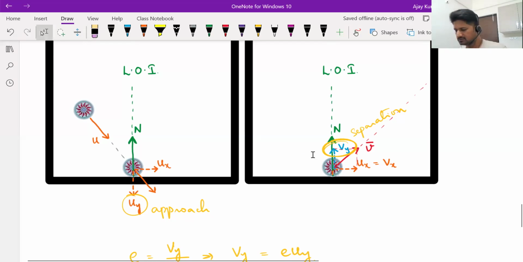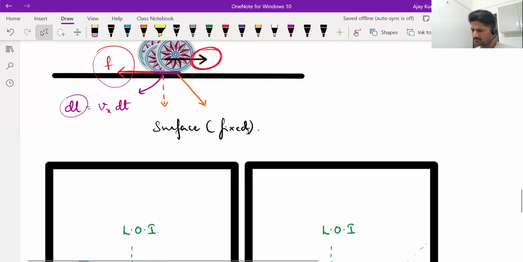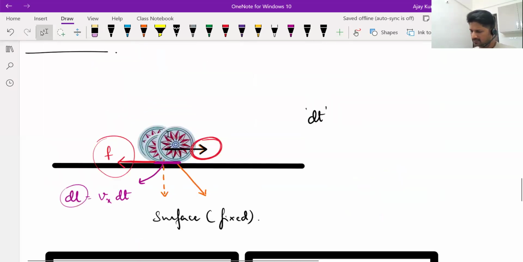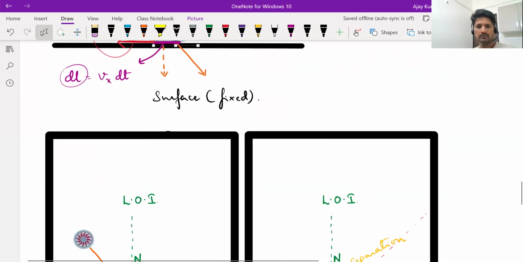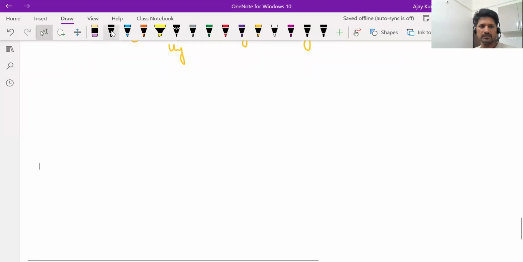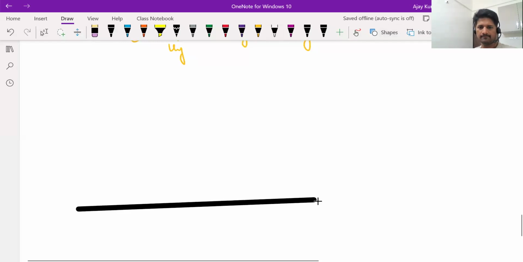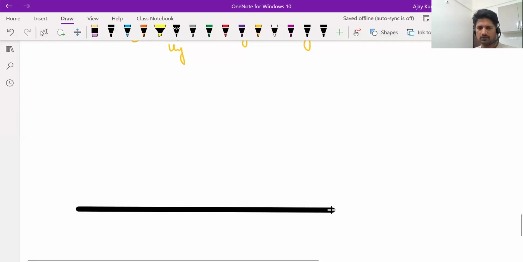Okay, so let's solve this problem. Consider this case itself. Carom striker hitting the edge of the carom board. I'm not drawing the entire board and all.